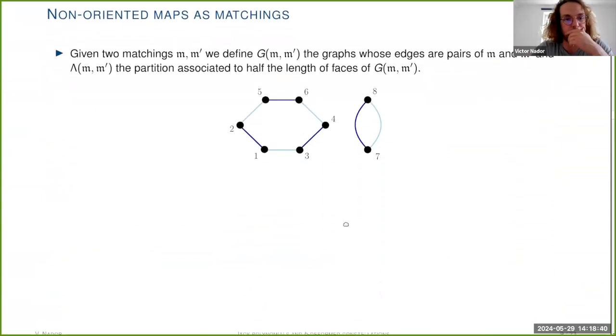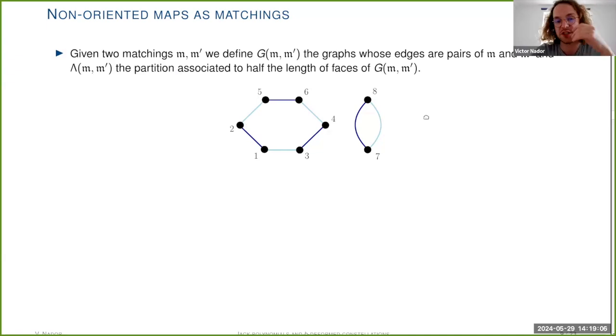So you can also give an algebraic description for non-oriented maps, but this time it's not going to be described as factorization in the symmetric group, but it's going to rely on matchings. So if you take two different matchings, M and M prime, then you can form a graph made of the edges obtained from the two matchings.